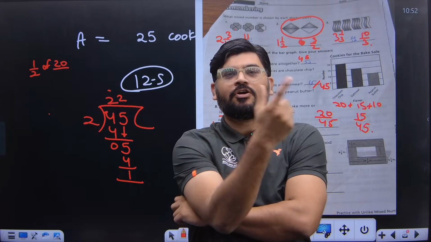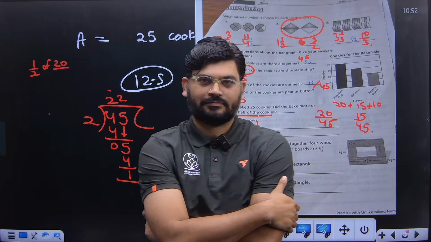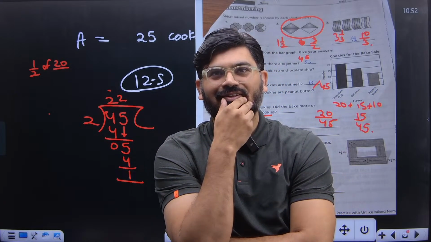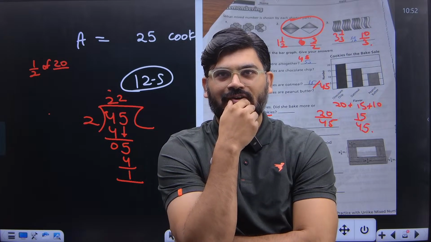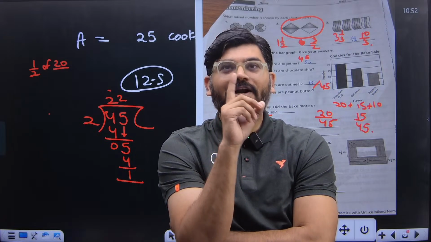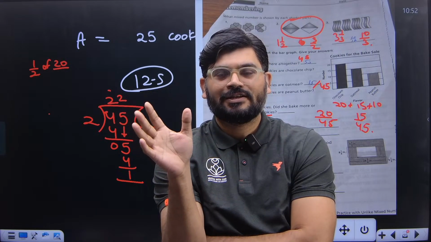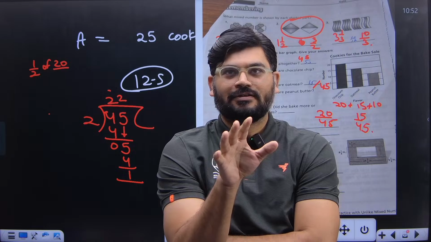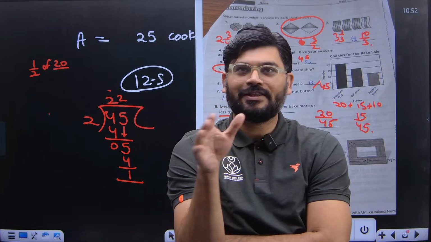What is half of $1? I don't know. It is 50 cents. $1 has 100 cents. So half of a dollar means 50 cents. You don't know half of anything.